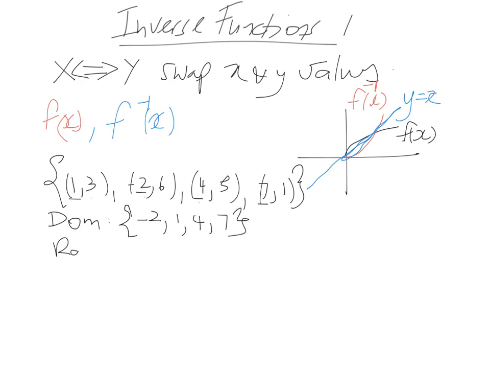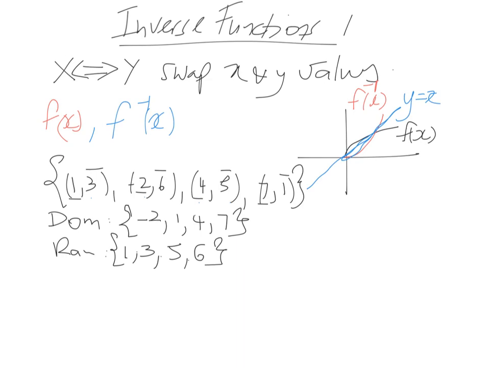And our range is our y values, 3, 6, 5, 1. We're going to write that in ascending order again: 1, 3, 5, 6. So that's what we've got so far.